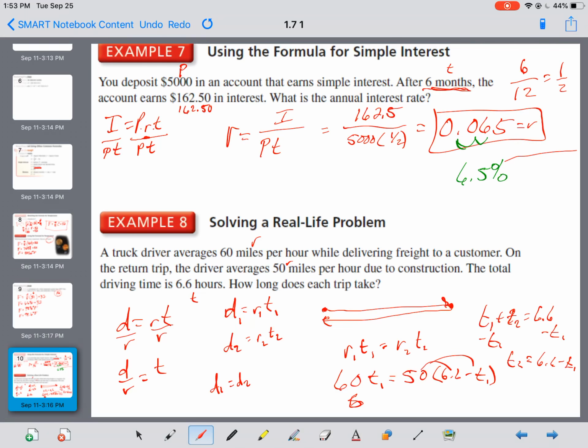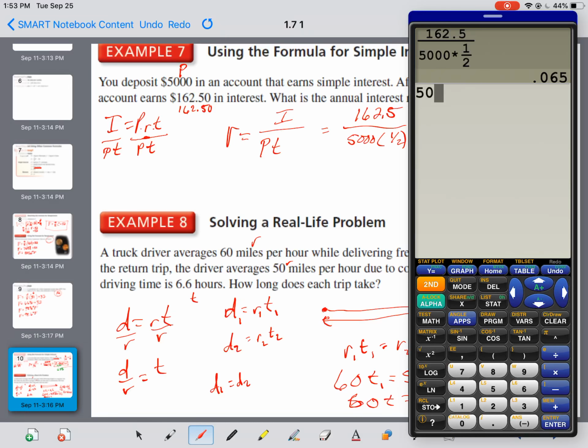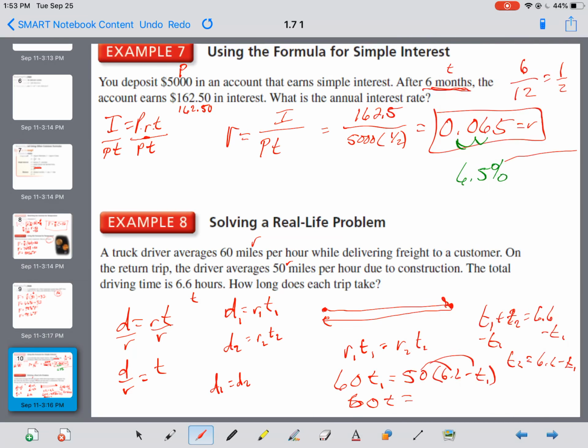So 60t equals, let's see what 50 times 6.6 is. 50 times 6.6, 330 minus 50t, add 50t. Okay, so we got 110t equals 330, divide by 110.